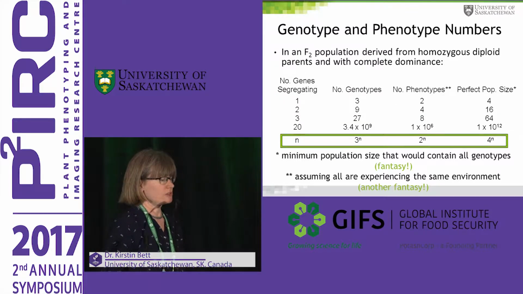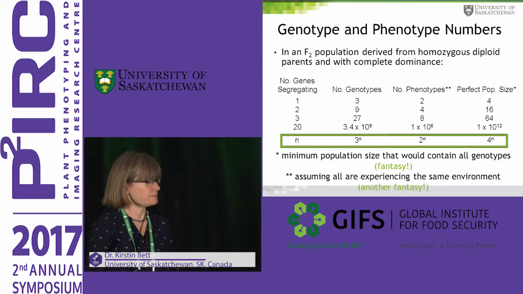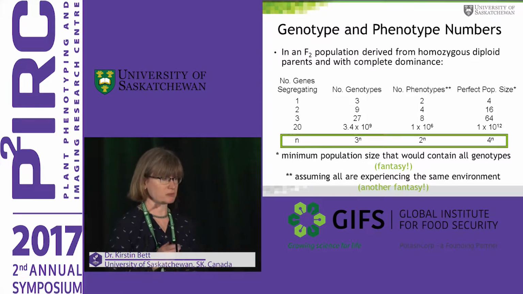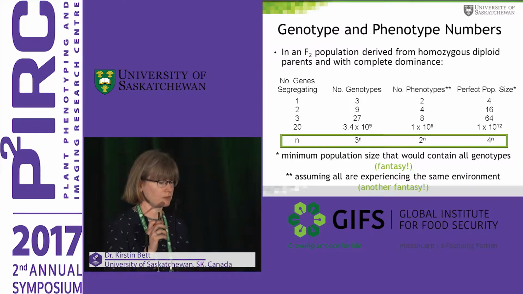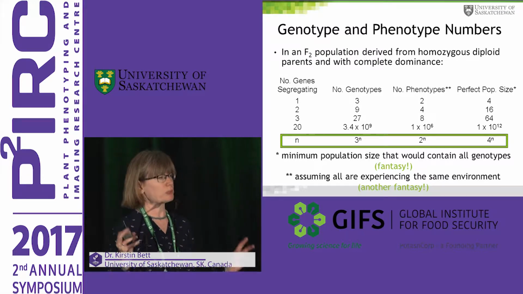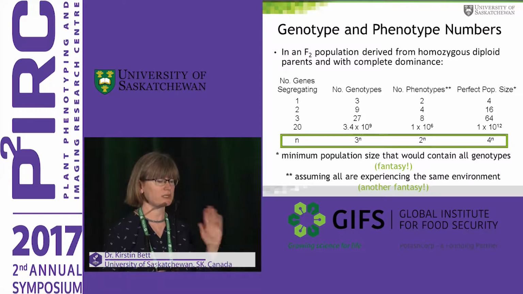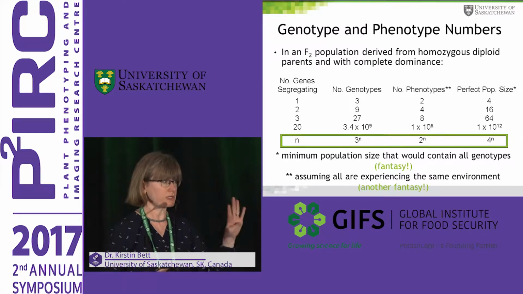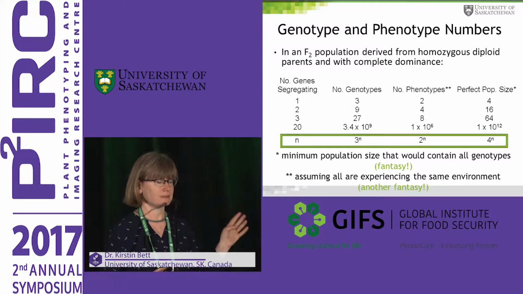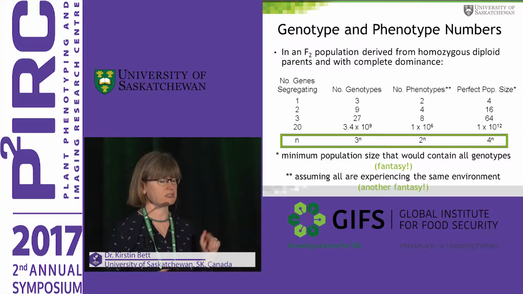And just to illustrate this, because sometimes people don't actually understand how crazy this is. If you've only got one gene segregating, the perfect population size is like if you flip a coin twice, you're going to get a head and a tail, right? If you only have one gene segregating, you need, in a fantasy world, 4 individuals to catch all your phenotypes and genotypes, right?